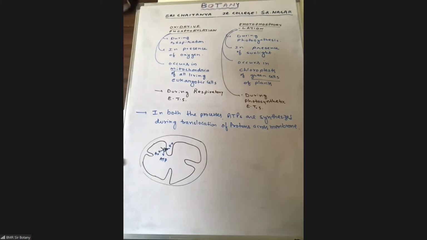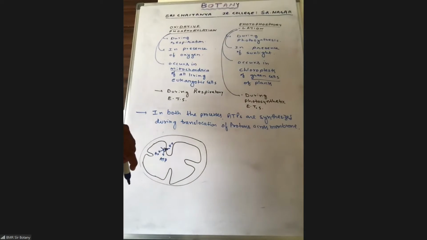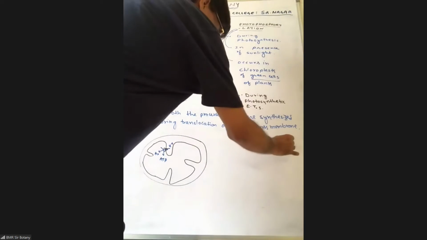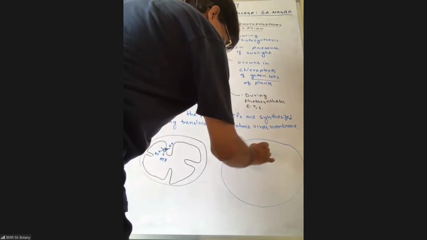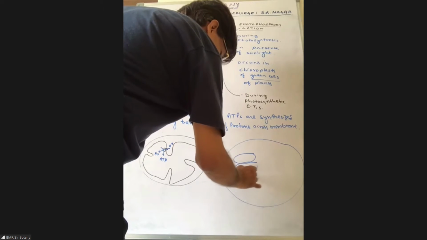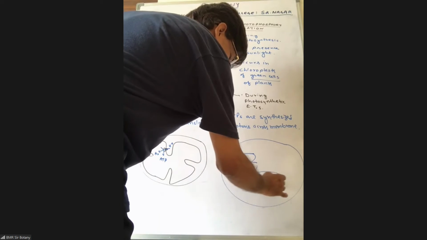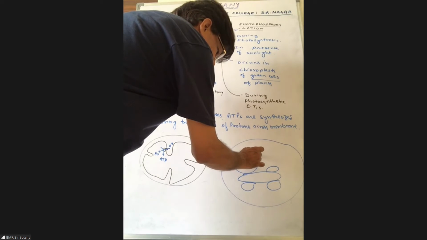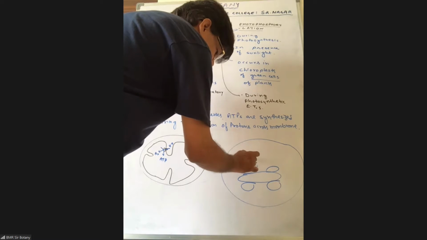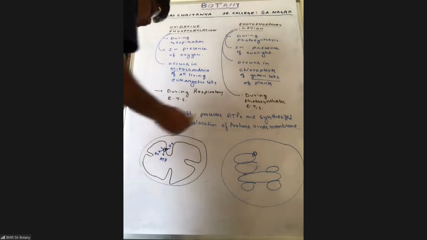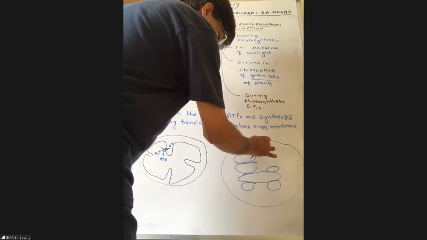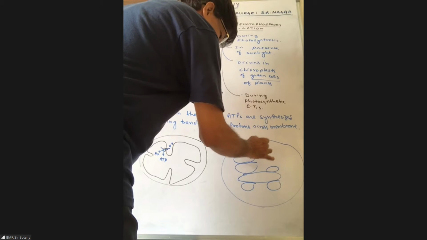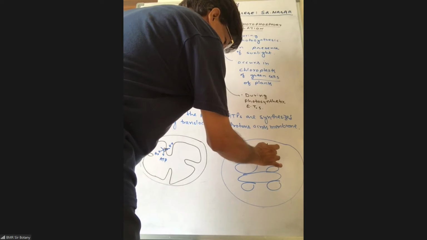So across the membrane, same thing in photosynthesis also, but that is across the membrane of thylakoid, chloroplast, granal thylakoids. We know the structure of the chloroplast. So when here protons are channeled from lumen of thylakoids into stroma side, ATP are synthesized.